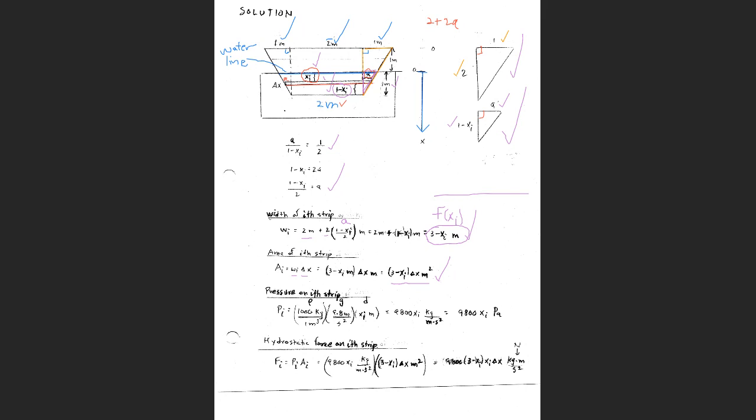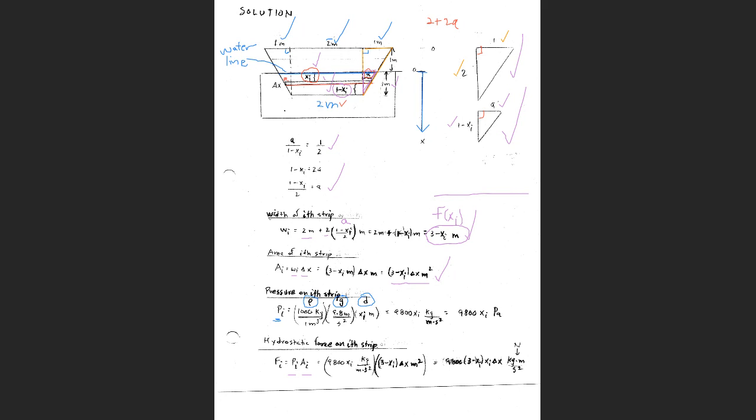Now what we have to do next, since force equals pressure times area, we need to find the pressure. Because we're dealing with a problem with metric units, we have to bring in gravity. So the pressure on the ith strip of that wall in that trapezoid is equal to the density times the acceleration due to gravity times the distance that the ith strip is from the water line.